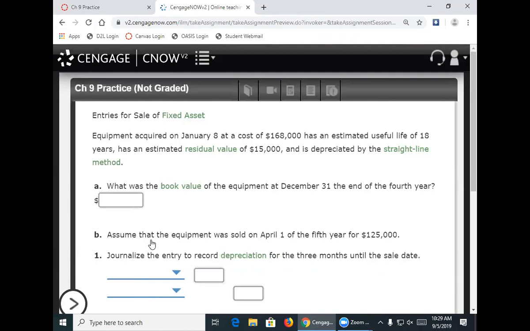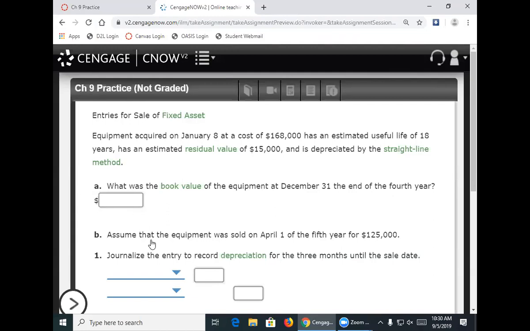Anytime we're disposing of an asset, whether it's still being depreciated or it's at the end of its life, we have to do some updates to the accounts, okay? So on this one, we're looking at the sale of the fixed asset. We have equipment that we acquired on January 8th at a cost of $168,000.